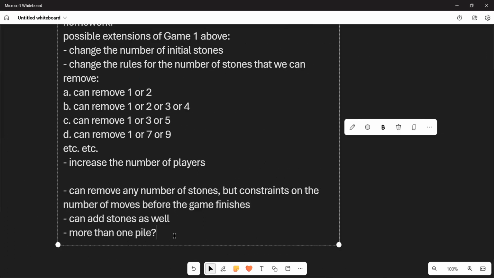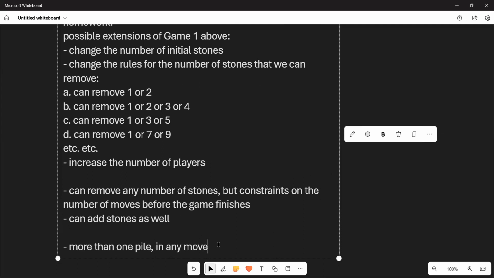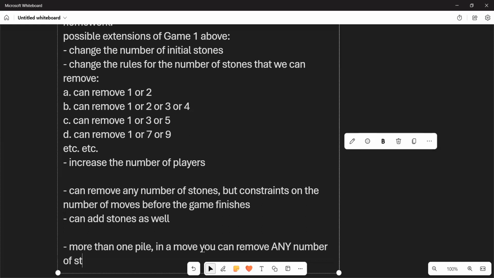It's also a very standard one. We have more than 1 pile, and the twist here is that in a move, you can remove any number of stones, but only from 1 pile.